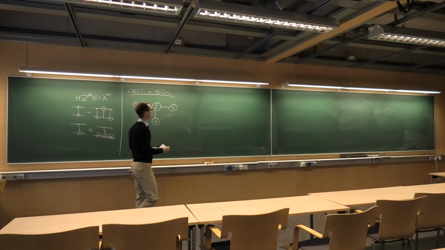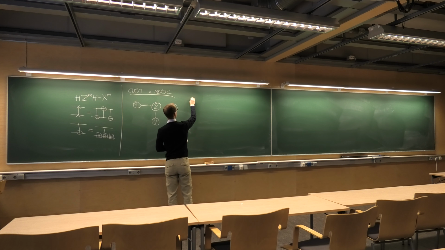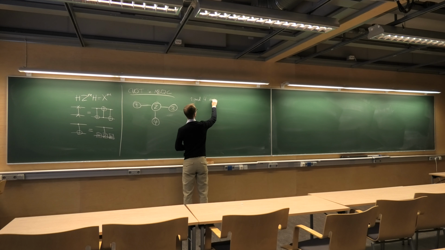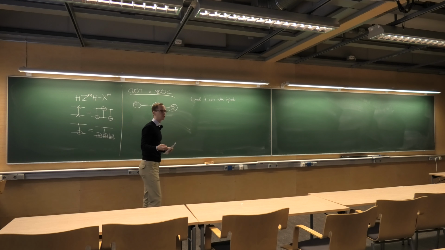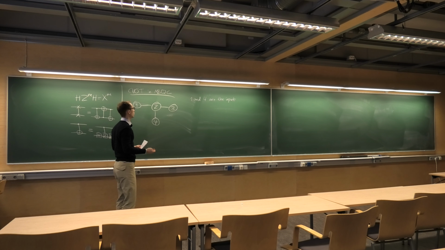And 1 and 4 are the input states for this CNOT gate that we're going to do.